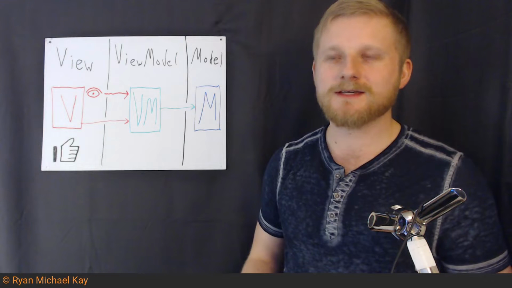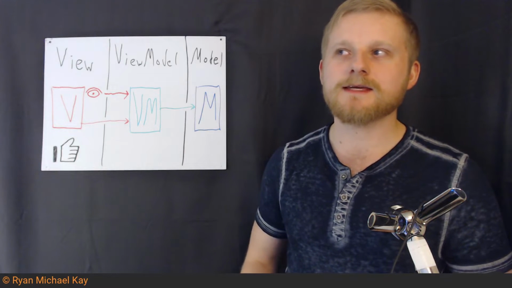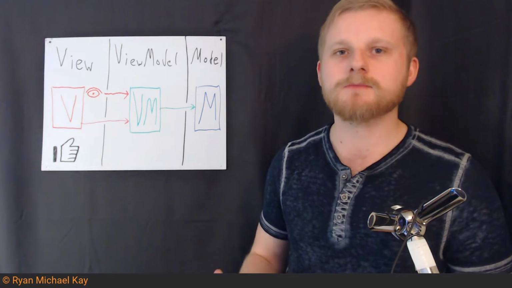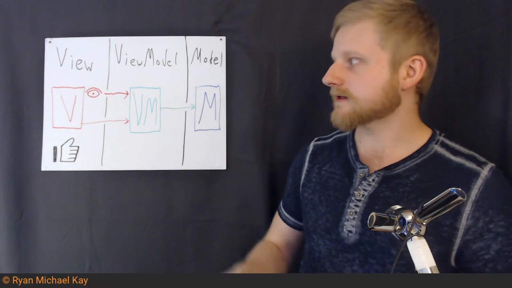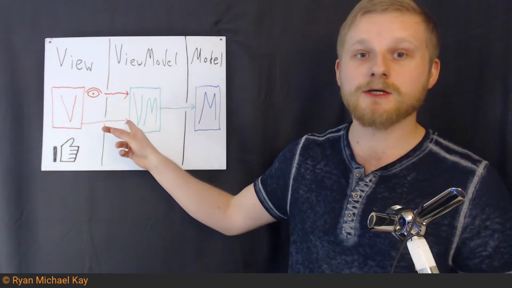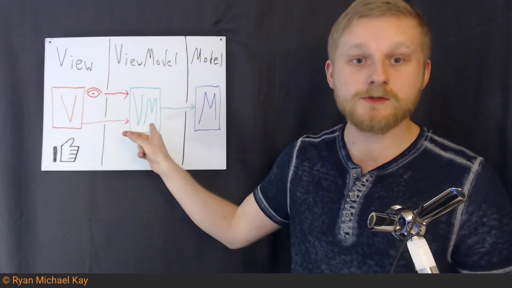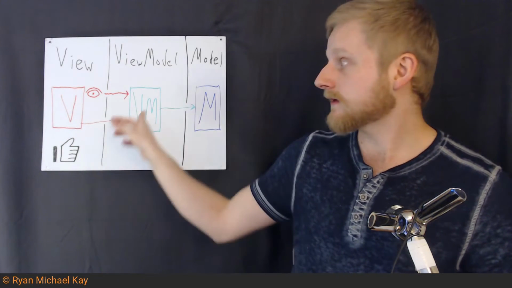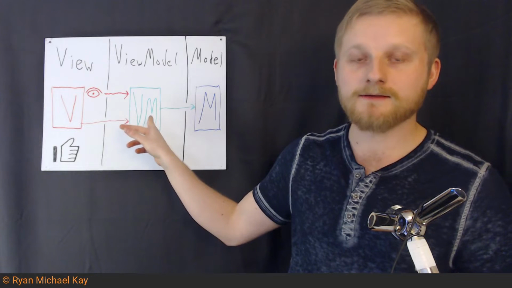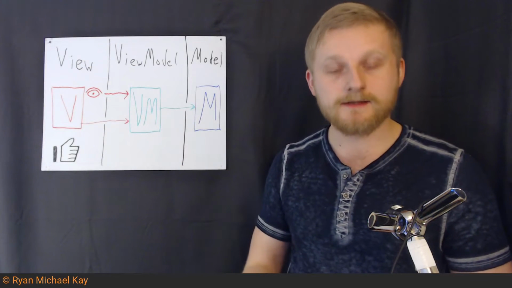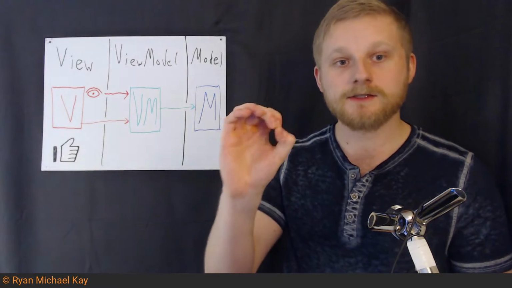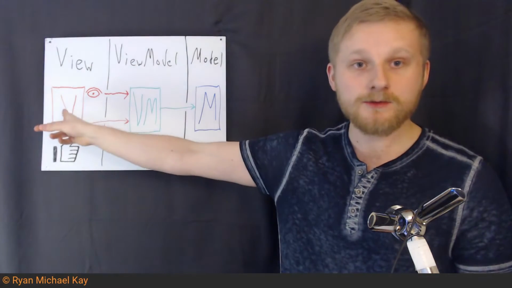So one of the things to keep in mind about this is that the benefit of Model View ViewModel can also be the deficit. One of the main benefits of it is we can have a many-to-one ratio of views to view models, and that's because the view model does not depend on any view specifically. The cost of that is that you lose fine-grained control over what the view does.